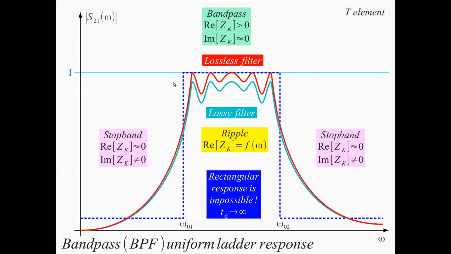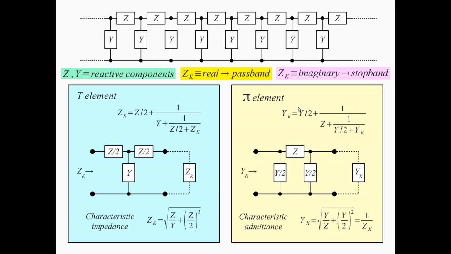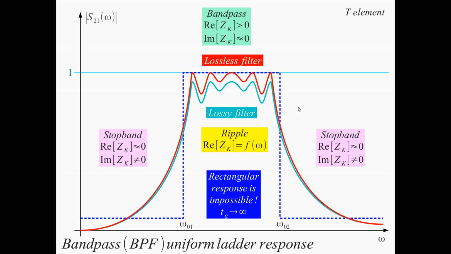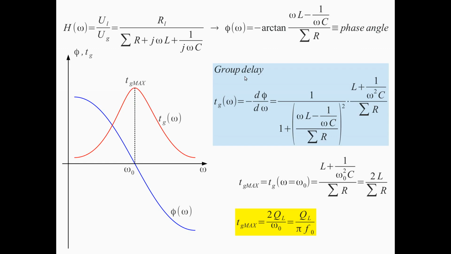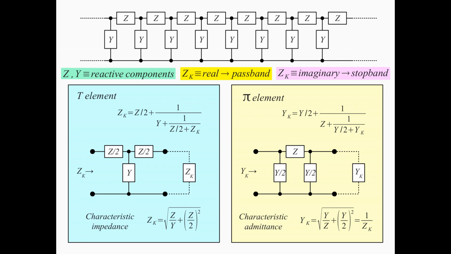And here we have to live with the ladder filters that we can make. There are methods to reduce this ripple and methods to flatten the group delay to avoid distortion of the signals, but these methods, while they do exist, are much too complicated for our lecture of today.